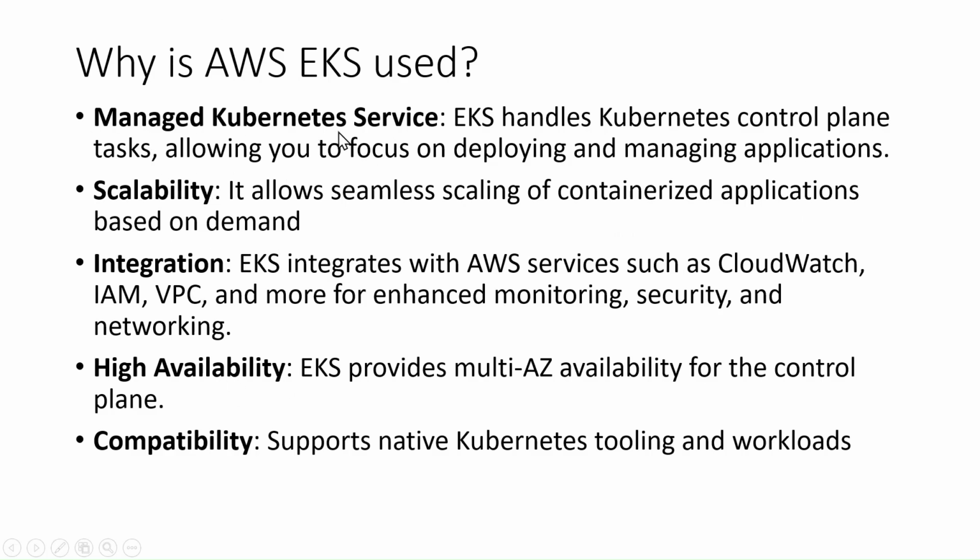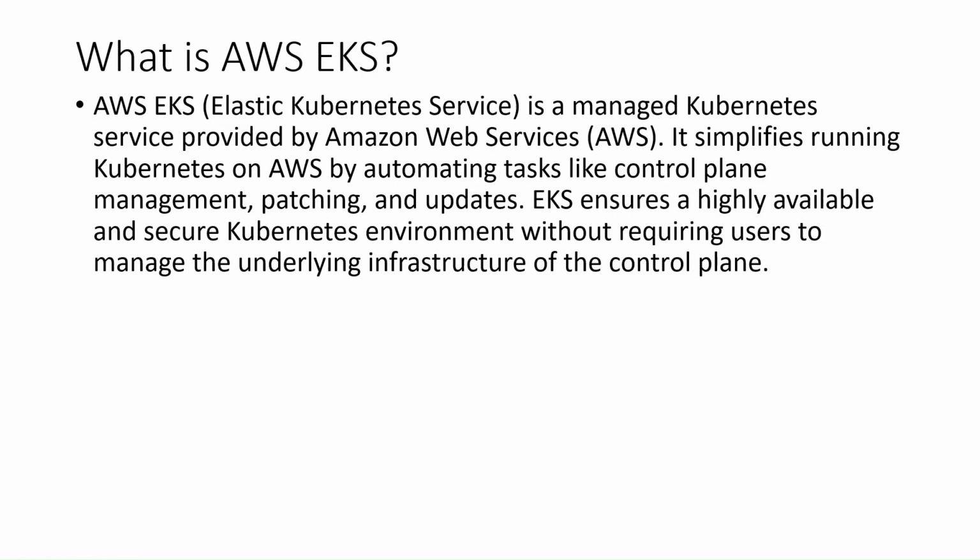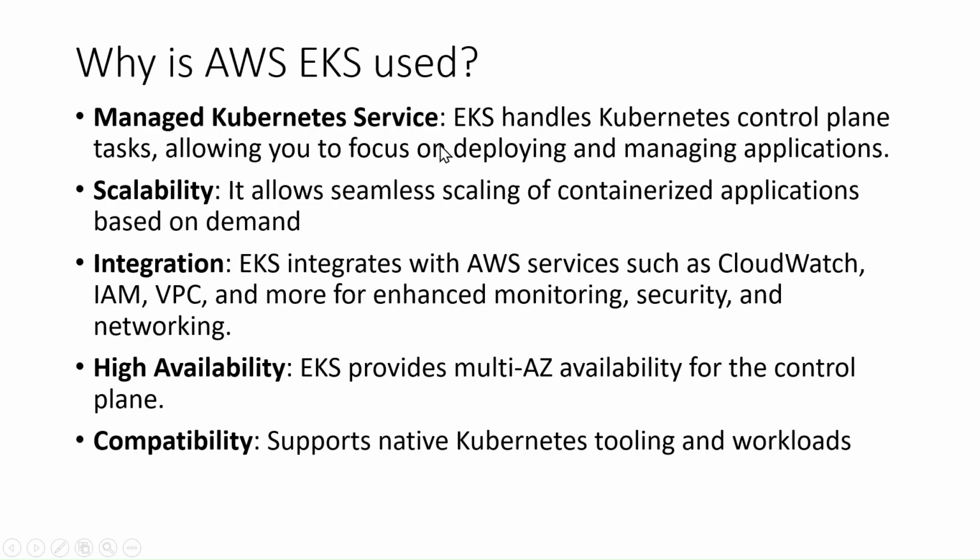Now we'll try to understand what a managed Kubernetes service is. EKS handles Kubernetes control plane tasks, allowing you to focus on deploying and managing the application. You only need to keep an eye on deploying applications and managing things like versions.